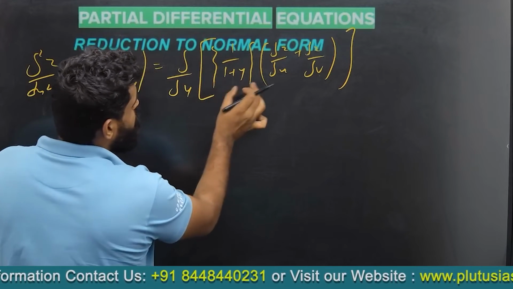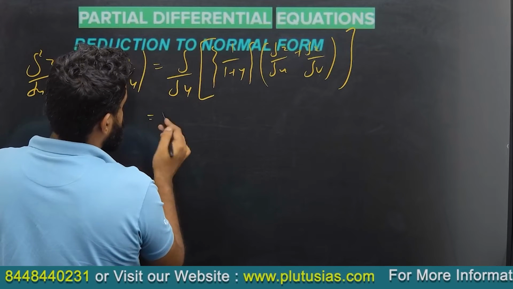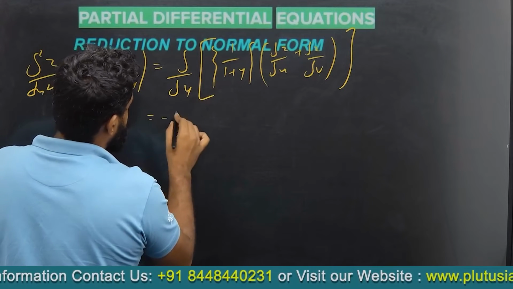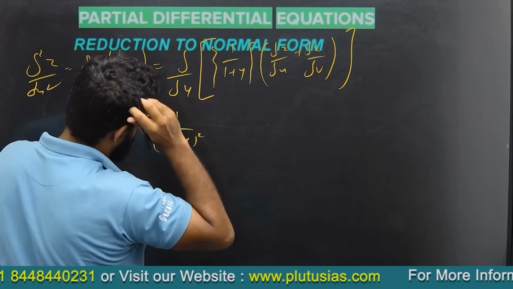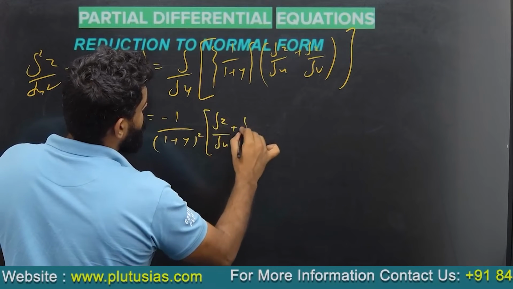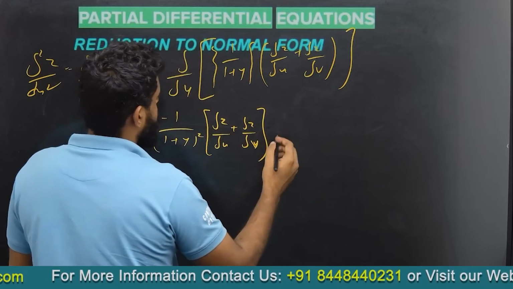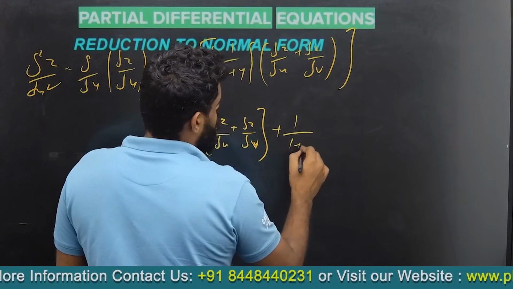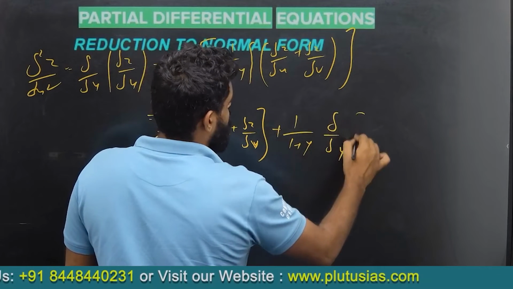Using the formula, u and v are functions of y only, so first we differentiate this. This would be minus 1 upon (1 + y) whole square into (∂z/∂u + ∂z/∂v), plus (1 + y), and we differentiate with respect to y.